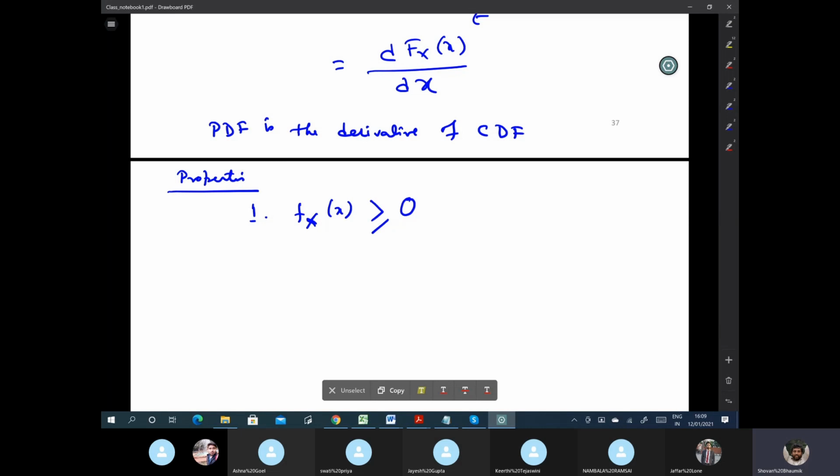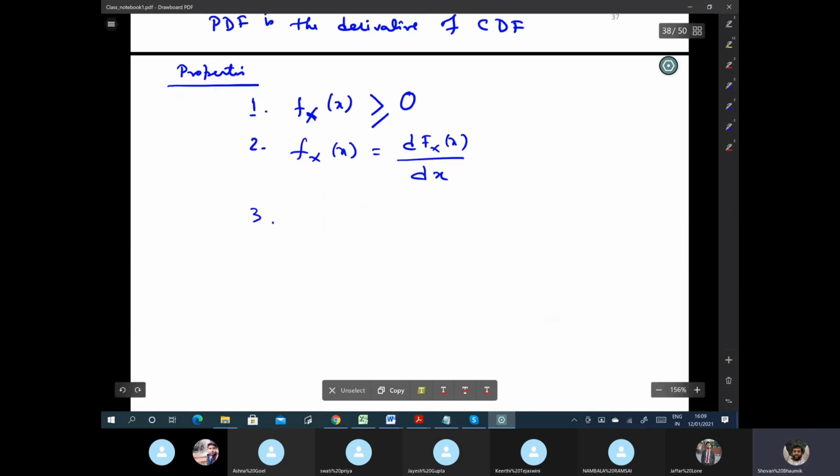And when it is not increasing, that means the CDF is constant, then f_X will be 0. So f_X could be either 0 or more than 0. This will be the derivative of the CDF with respect to small x.